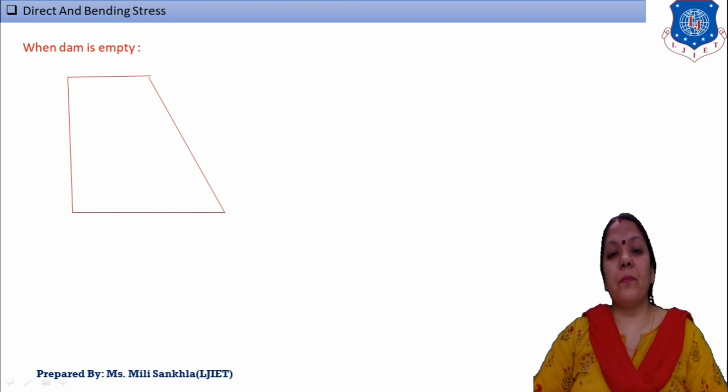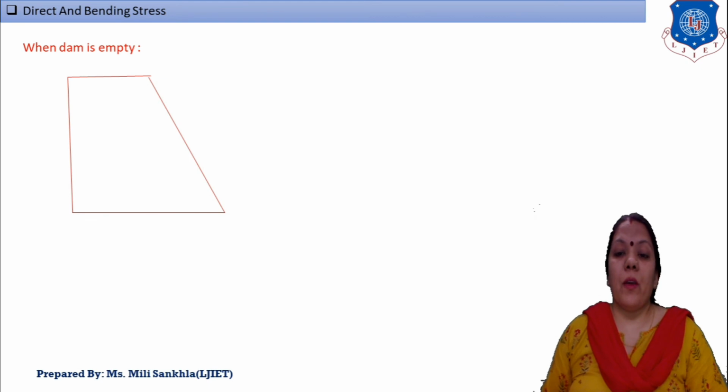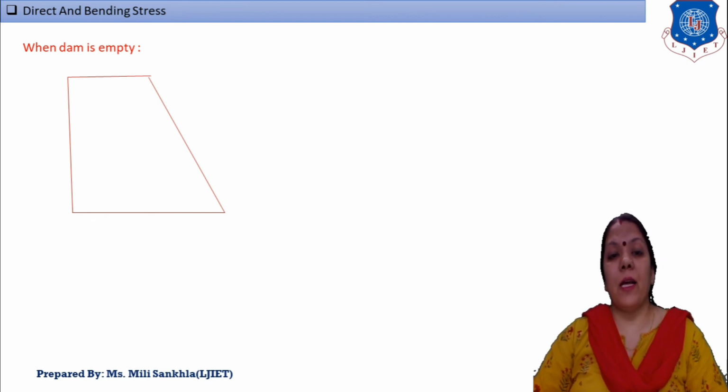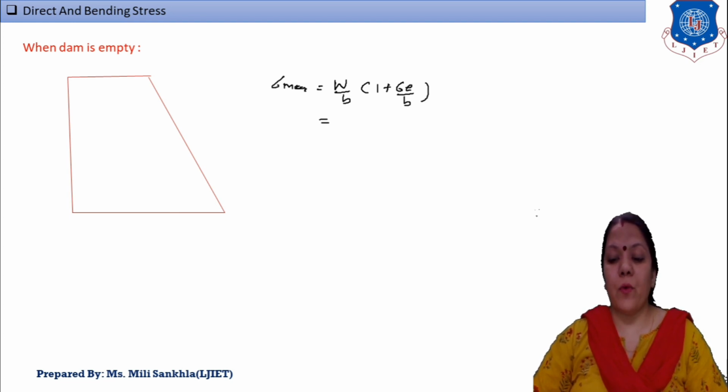Now next we find out sigma max and sigma minimum right here. In this example, the last values we find out are our sigma max and sigma minimum. Write down, sigma max is equal to capital W by B into (1 plus 6E by B). Now capital W is equal to 227.81 divided by 3.5, into (1 plus 6 into 0.51 divided by 3.5).